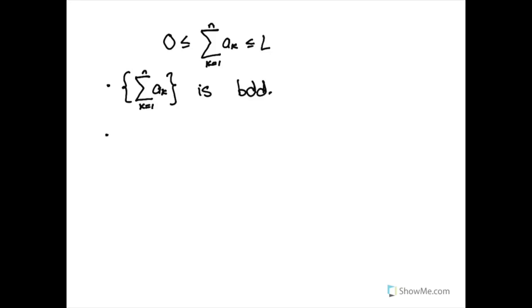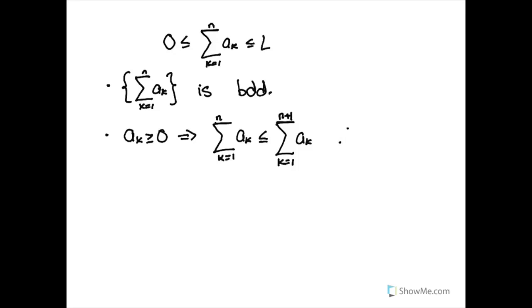It's monotonic. And it's increasing because AK is greater than or equal to 0, right? So the sum of AK from k equals 1 to n is less than or equal to the sum of AK from k equals 1 to n plus 1. So therefore, the sequence is increasing.